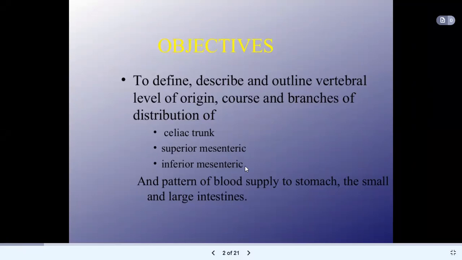We had said in a previous lecture that the abdominal aorta gives rise to the celiac trunk, the superior mesenteric artery, and the inferior mesenteric artery. But now we want to look at each of these arteries and their branches. And then we'll look at the pattern of blood supply to the stomach, the small intestine, and the large intestine.